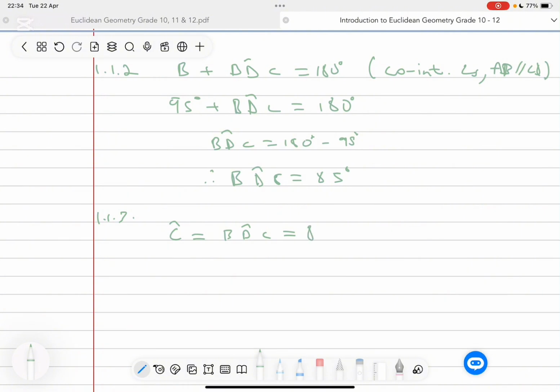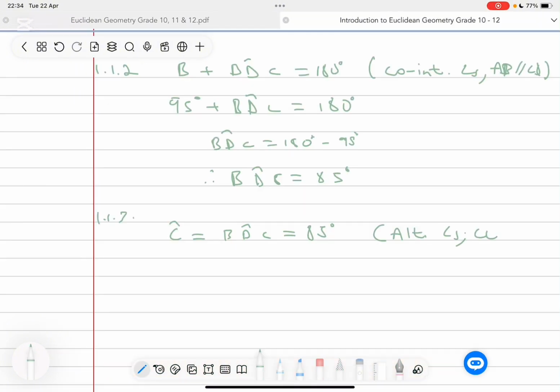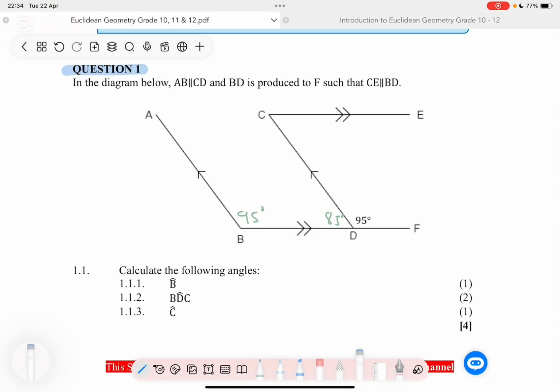So this will be equal to 85 degrees. The reason would be alternate angles, because we have line CE being parallel to line BD. CE is parallel to BD. And that's how you will find the last angle there, C.